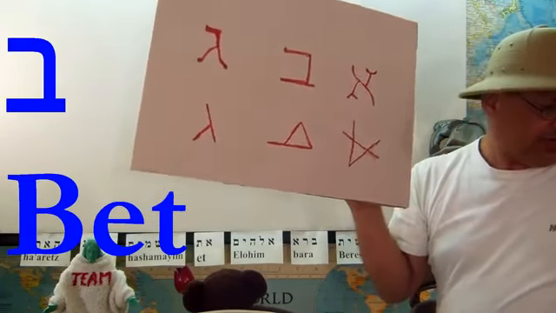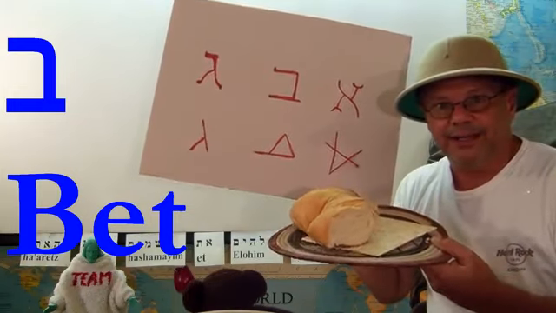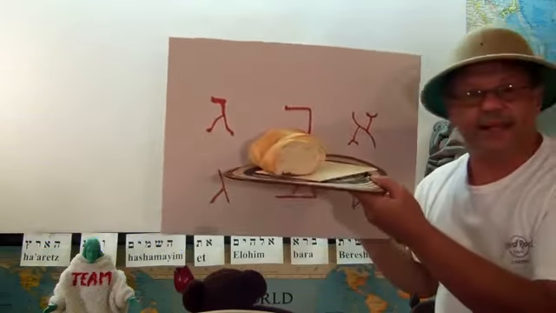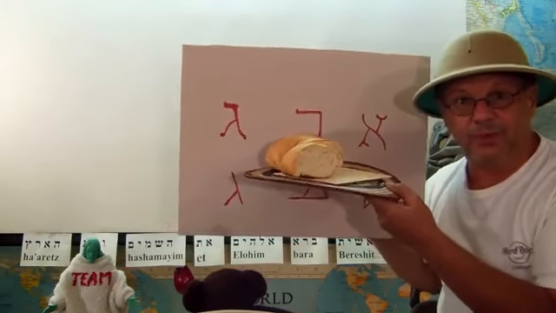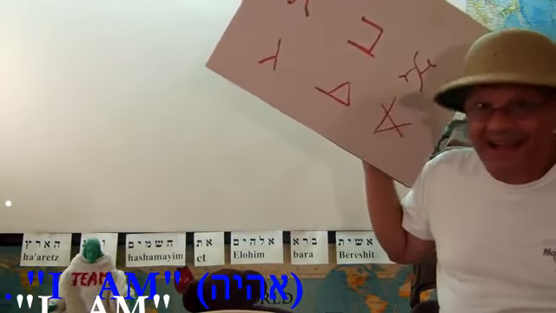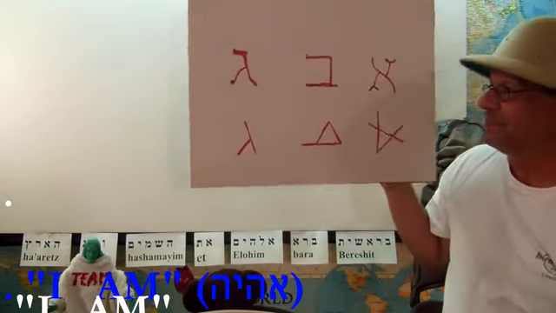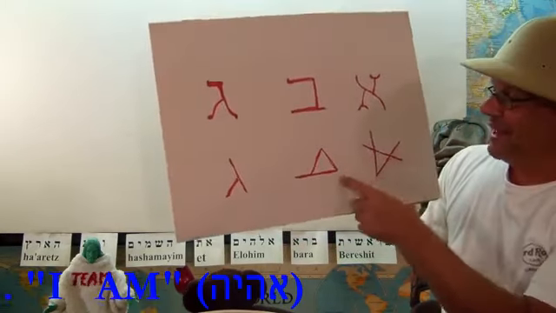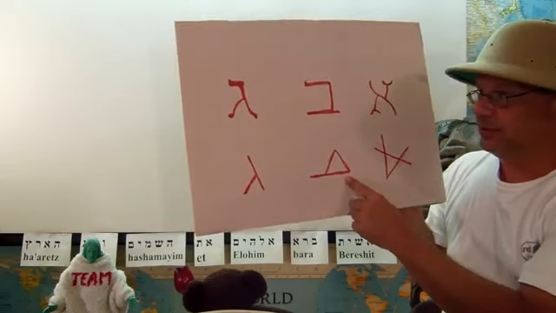In Hebrew, this is lechem, bread. And if you have Beit Lechem, that's Bethlehem. Anyone here born in Bethlehem? Yes, I am. Yahweh said he was. Anyway, so Beit is a tent or a house.